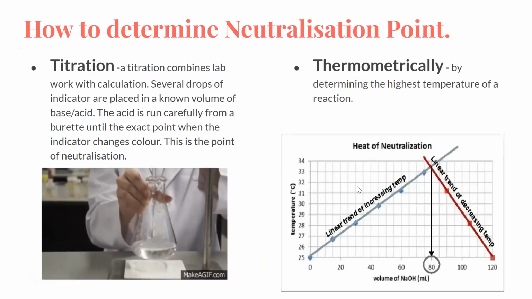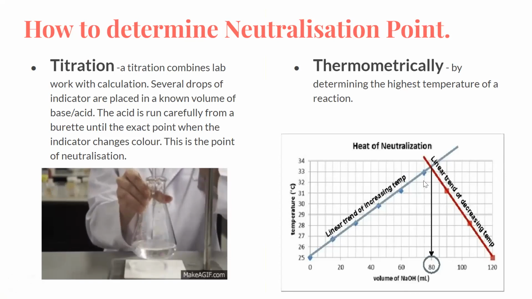So that's the titration. Now it can also be determined thermometrically. So you'd be doing the same thing. You'd be running some base and some acid, but instead of having an indicator, you would have a thermometer. The highest point that the solution reaches is when the solution has been neutralized.